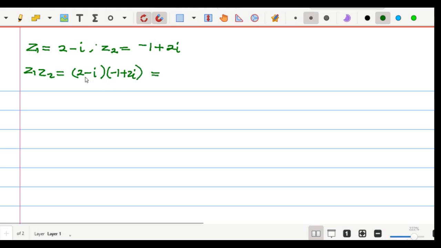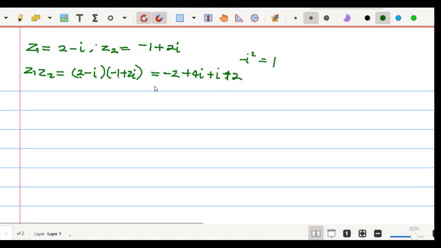We are going to open the bracket, this multiplying this, we have minus 2, this multiplying this, you have plus 4i, then this multiplying this, you have plus i, and this multiplying this, you have minus 2i squared, which is going to give plus 2.